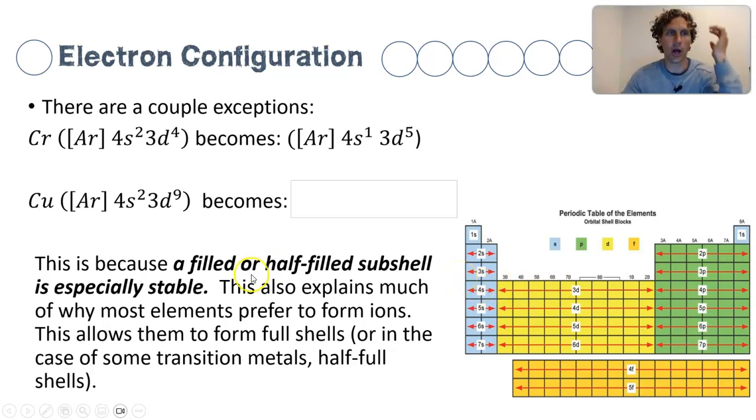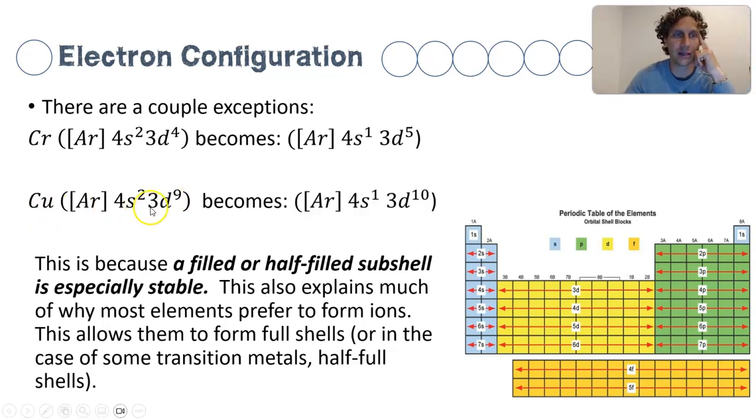Okay, what about copper? Copper is 4s2, 3d9. Oh, that is so close to being full. This one is full, but this one is 1 away. Okay, but if we sneak one of these electrons into here, and actually we don't need to sneak it, copper does that for us. It is like that naturally.